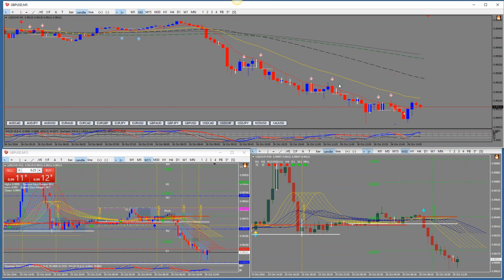Take your 2 pips and get out of dodge. Here's another signal. It didn't break here, but we have an inside bar that broke. Well, that's good for 4 pips. We have another inside bar. It didn't break on the first signal, but it did on the second, and that was good for 8 or 9 pips. We have an inside bar here that didn't break, but we had a signal here that broke.